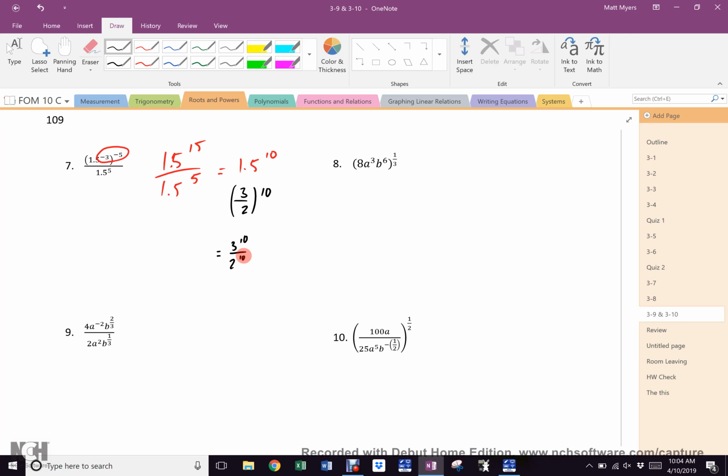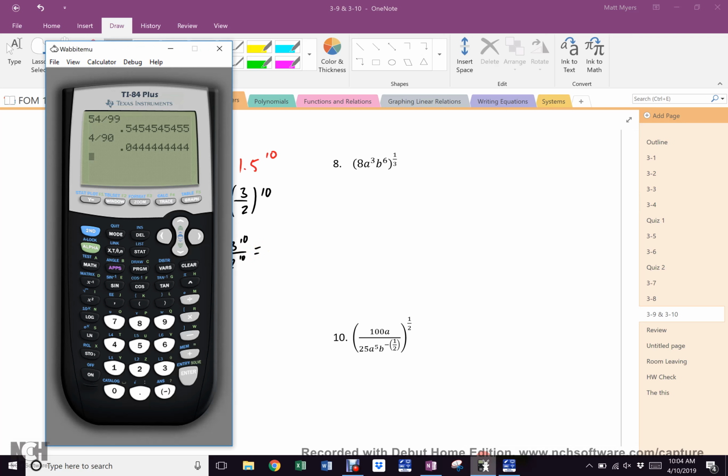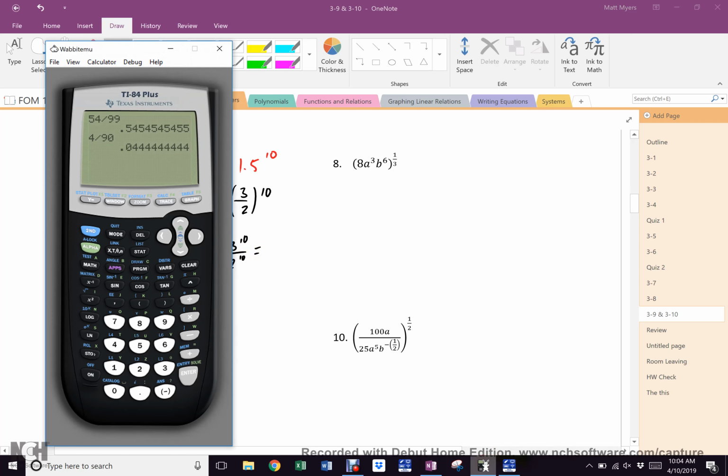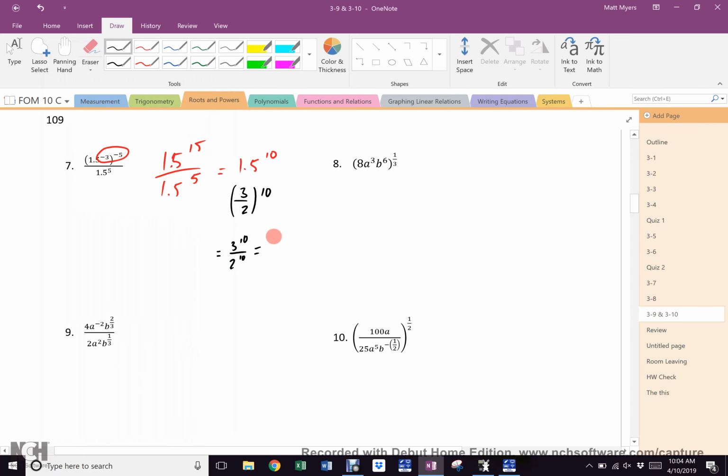3 to the 10th probably doesn't even fit on your calculator. What is it? 59,049.